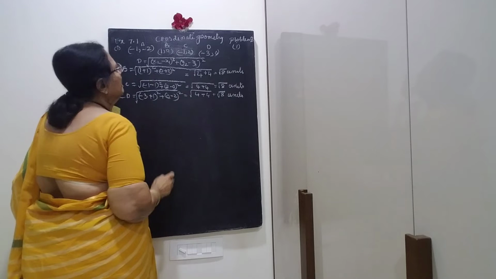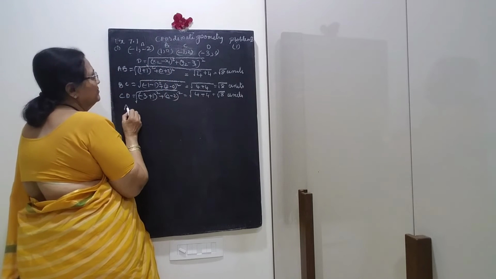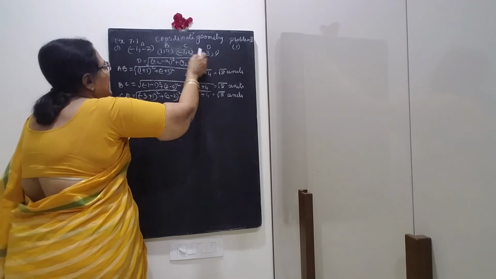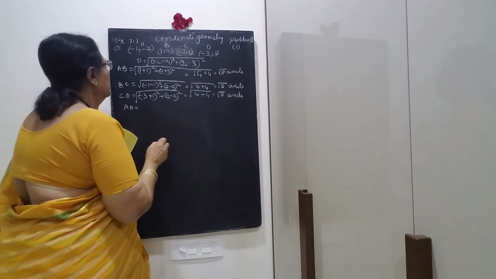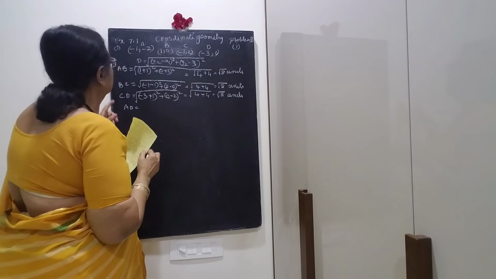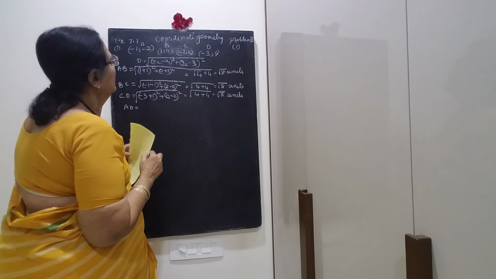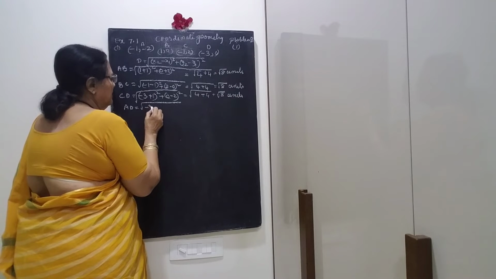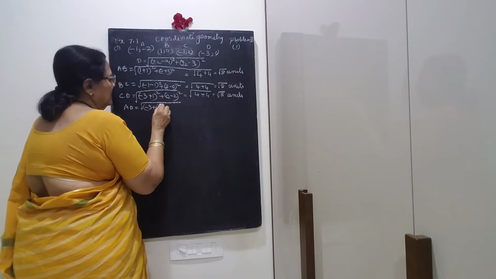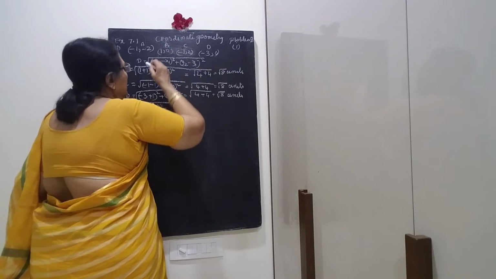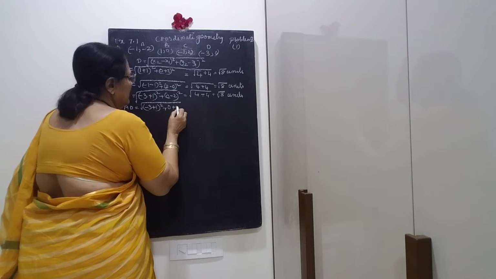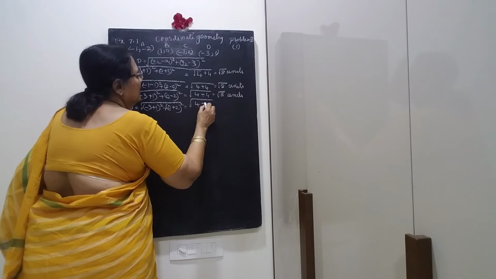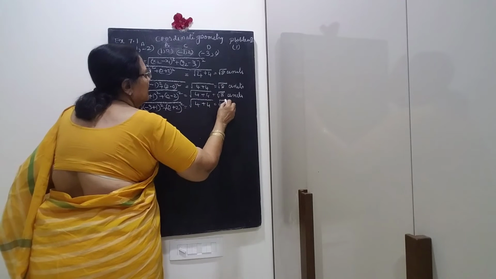Okay, and we will find out AD. AD will be (-3 minus of -1) whole square, that is -3 plus 1 whole square, plus (0 minus of -2) whole square, that is 0 plus 2 whole square, that is 4 plus 4, root 8 units.